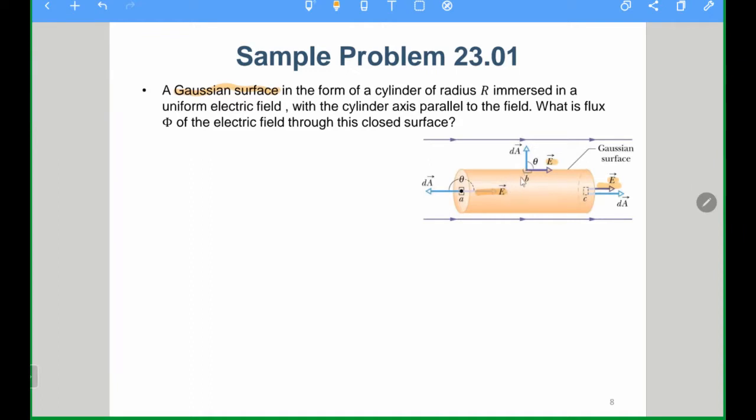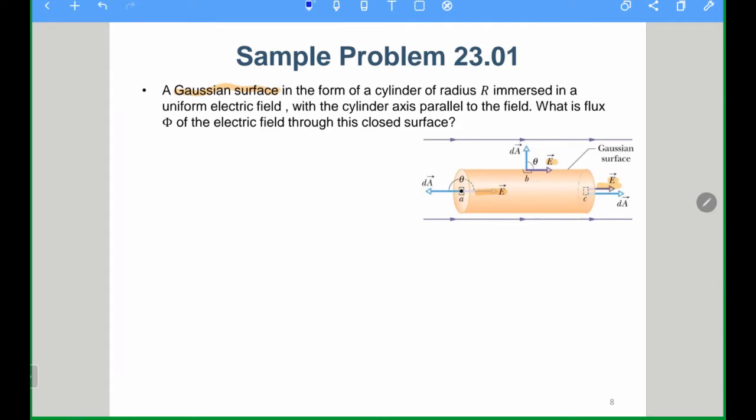We just calculate the electric flux over this closed surface. For a Gaussian surface, the only condition is that the surface is closed. So here we try to determine the E field flux over this surface.